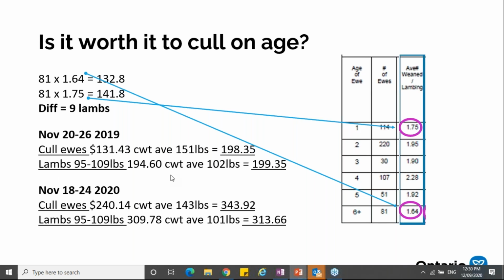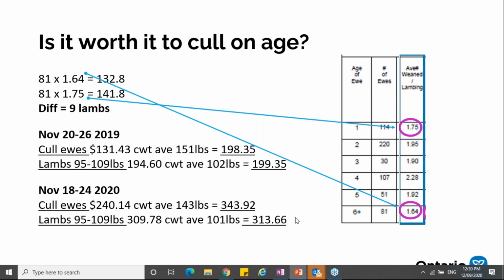And so, if we look at this year, this November, when prices have been going crazy, we've even got a situation where the cull ewes per head were bringing more than those 100-pound lambs.